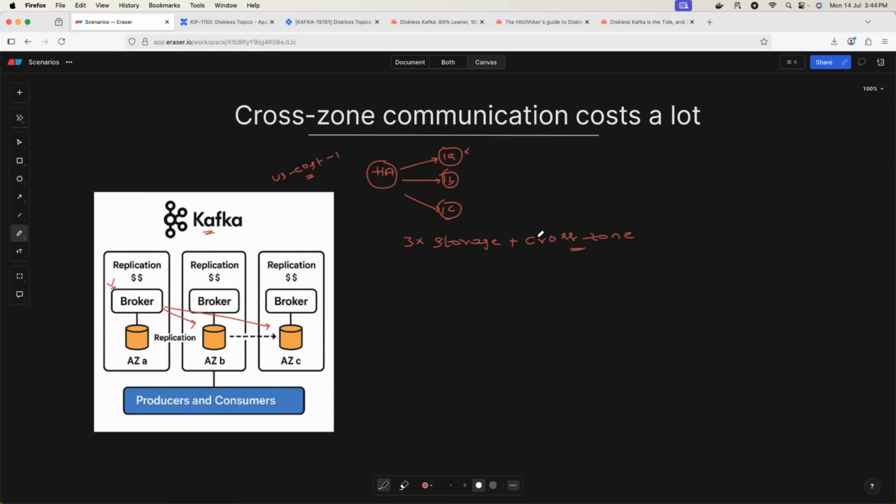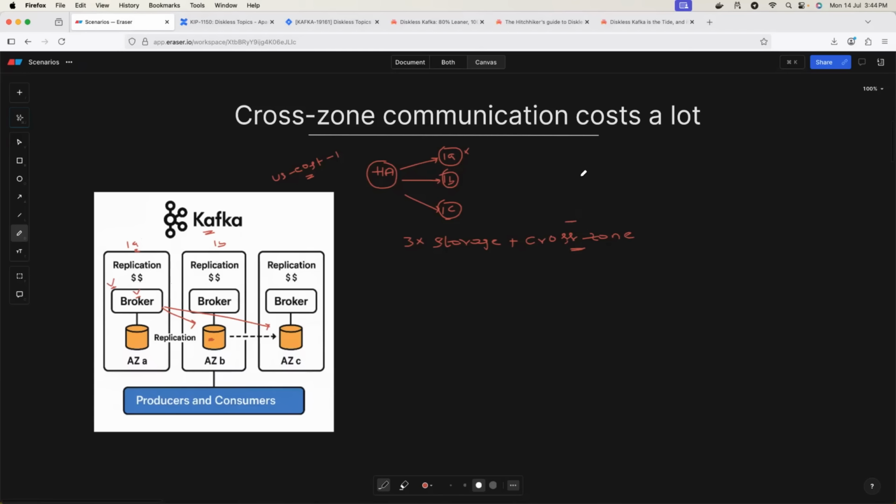Unfortunately, a lot of people are not aware that on many of the cloud providers, when you have an application that is writing data to a volume which is in a different availability zone, along with storage, you will also be costed for cross-zone networking costs.